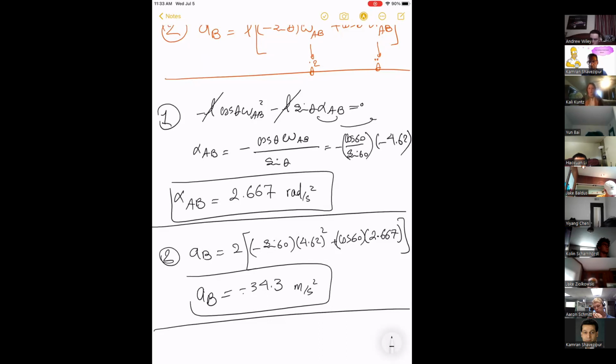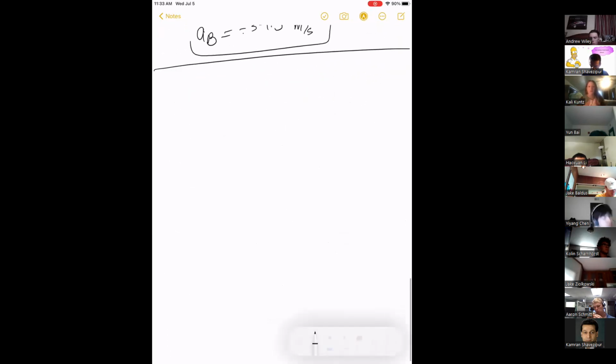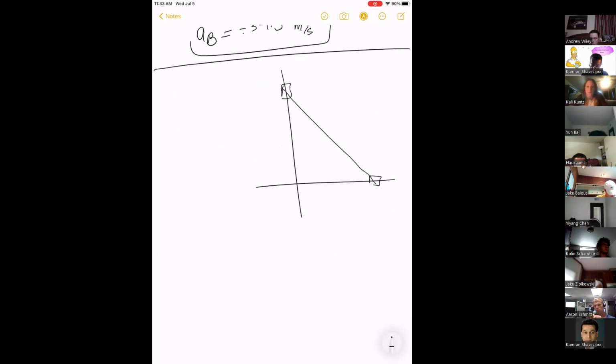Remember, are you guys done writing? Now, look at this. If this was the slider, right? Technically, B and A are two rigid bodies having linear motion or translational motion.